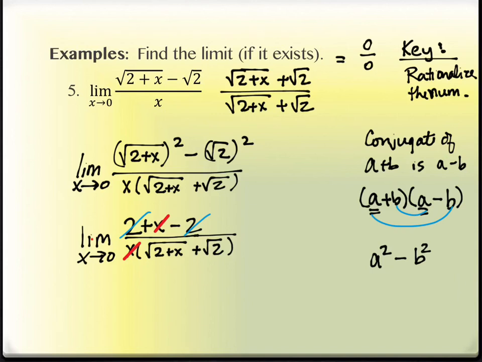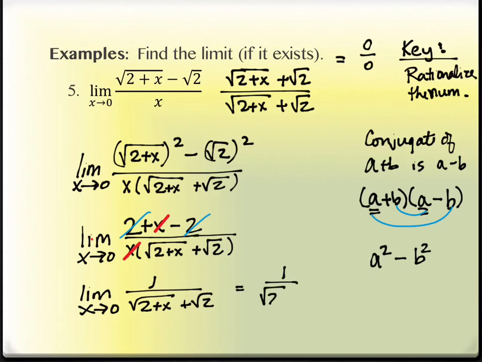So I actually now have the limit as x approaches 0 of 1 over the square root of 2 plus x plus the square root of 2. I can plug in the number 0. So I have square root of 2 plus square root of 2 on the bottom, which is 1 over 2 square root of 2.